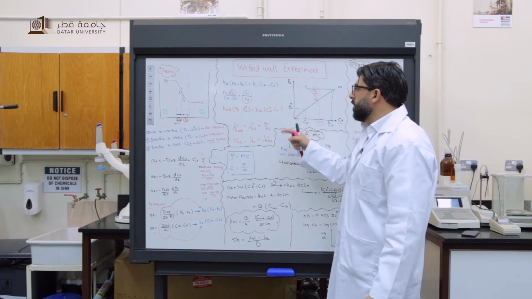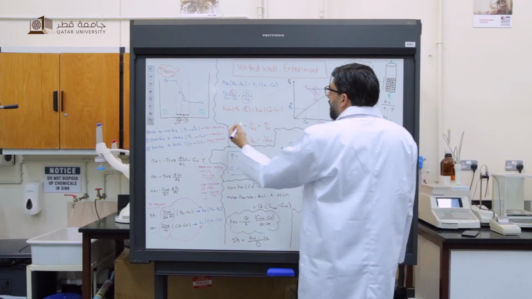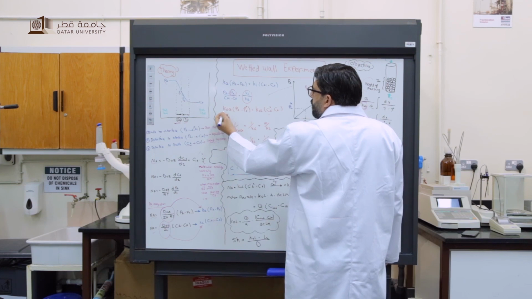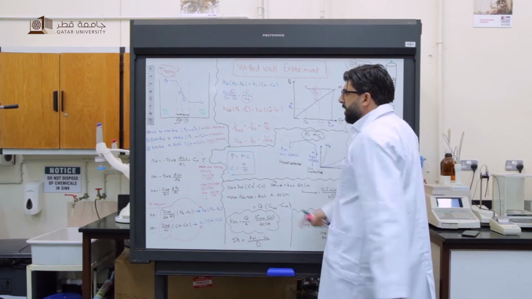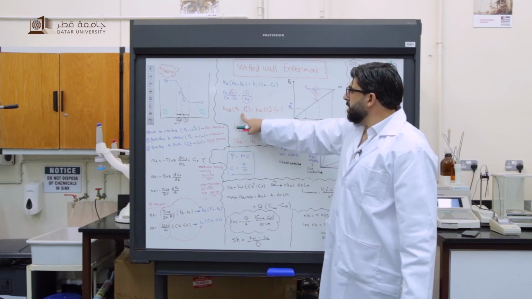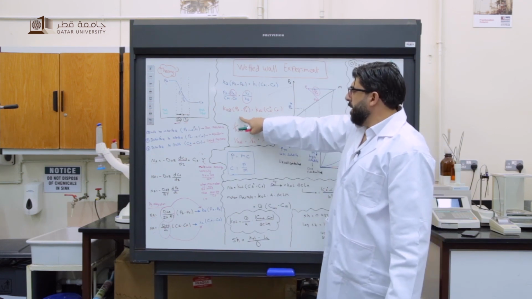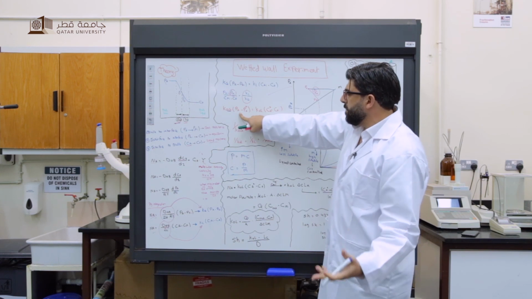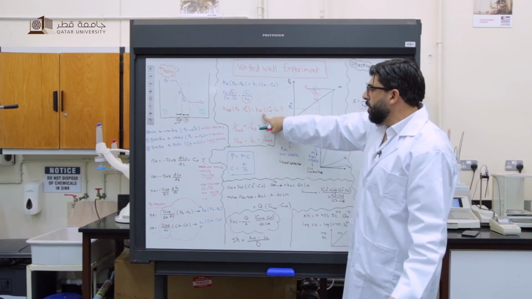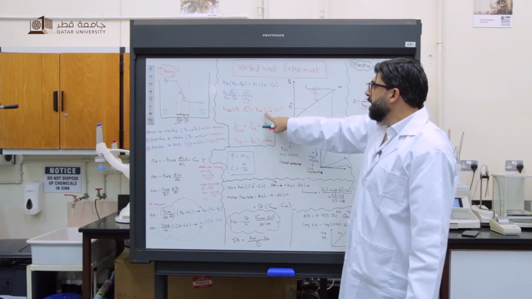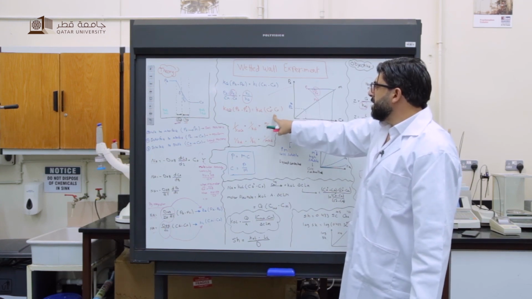So the equation will be KOG. OG is the overall mass transfer coefficient for the gas phase, times PA minus PA star, the partial gas pressure minus P star, equal to KOL for the liquid, the overall mass transfer coefficient for the liquid phase, times CA star minus CA.